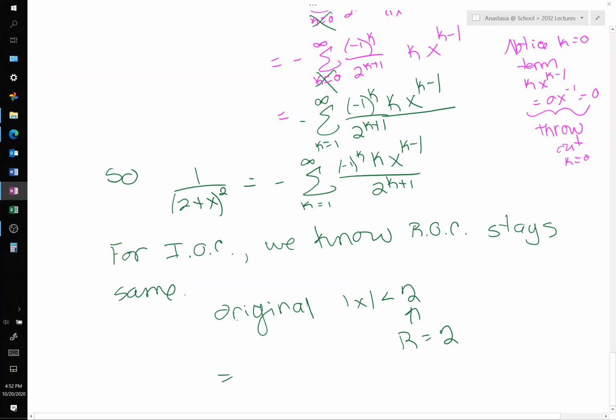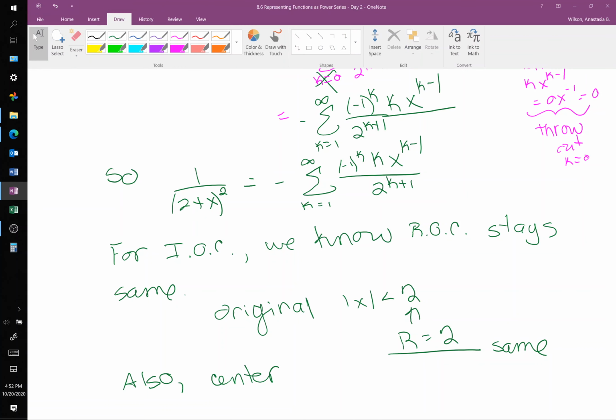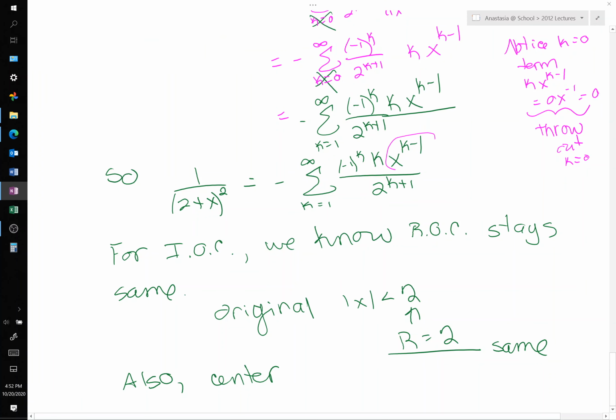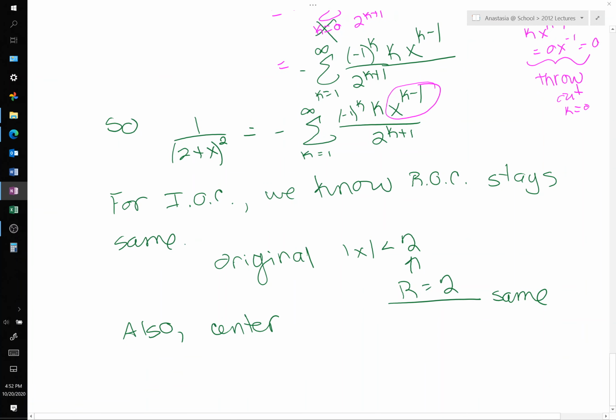So this is still our radius of convergence. Also, the center for our series, if we go up to our series here, we're going to take our x to the k minus 1 and set it equal to 0. So that x term, set equal to 0, ends up meaning that our center is 0.